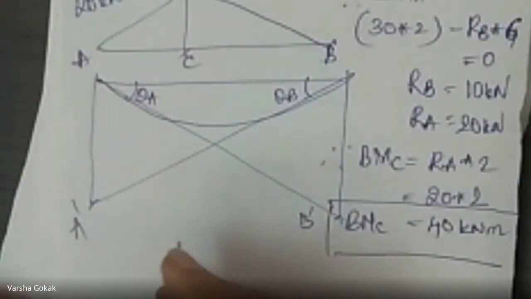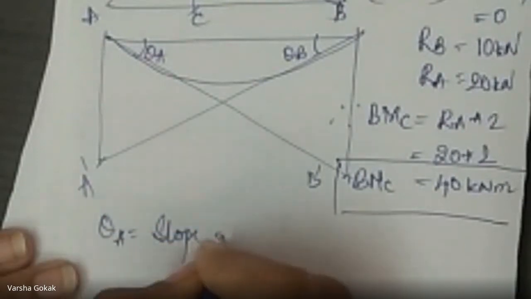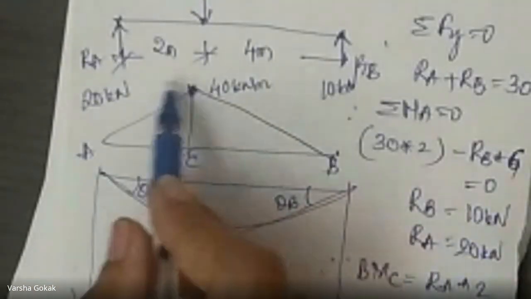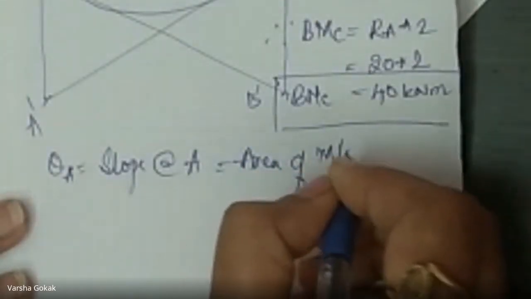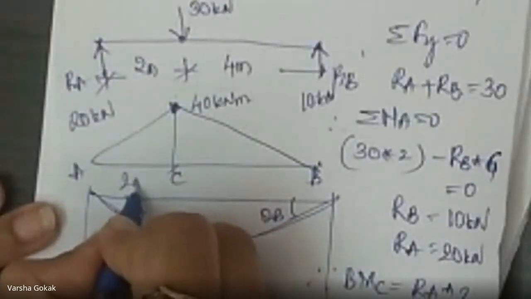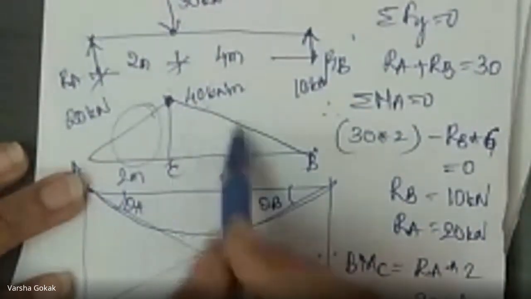So first we will find theta A, slope at A. When I want to find the slope at A, it is nothing but the area of the M by EI diagram. Correct? So M by EI diagram means this. Now this base is 2 meters, this base is 4 meters. So I have to take the area of this triangle and this triangle.